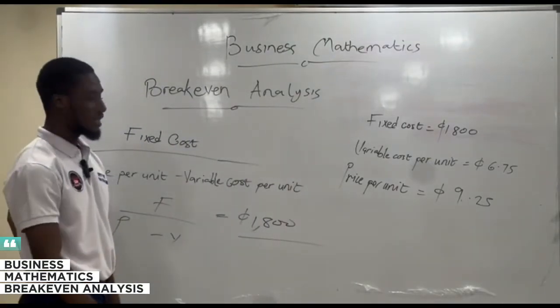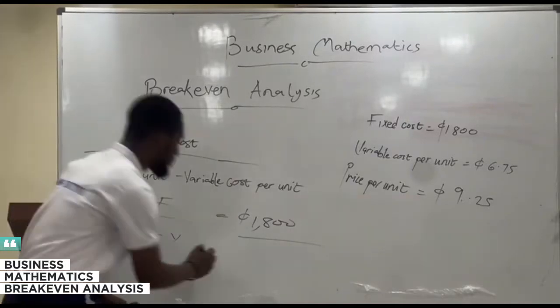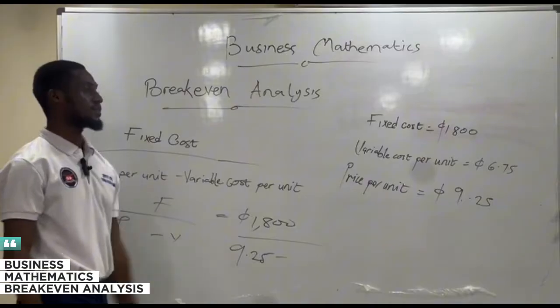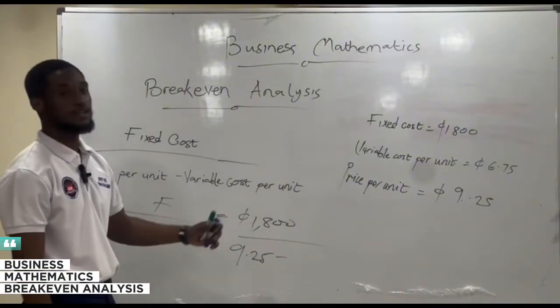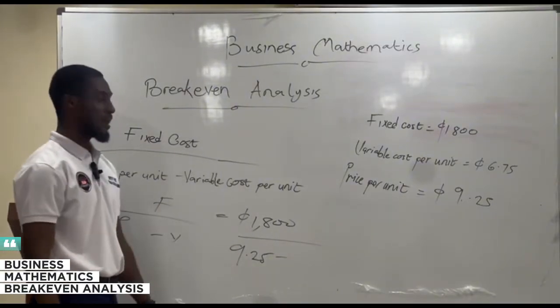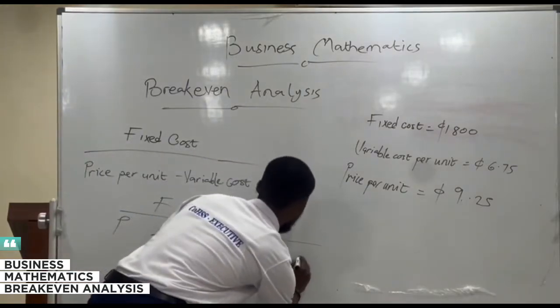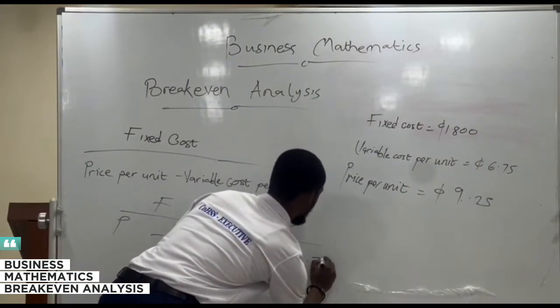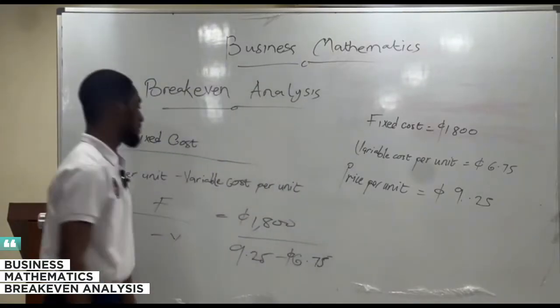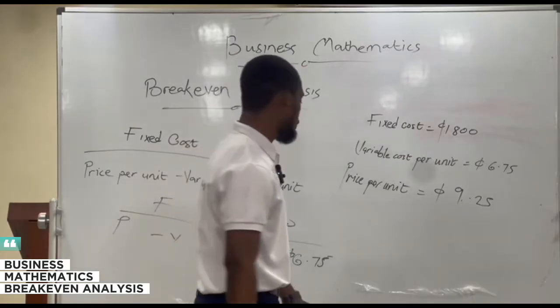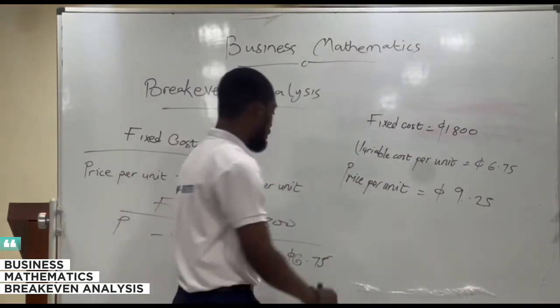We have our price per unit to be 9.25, and we subtract that of our variable cost per unit, 6.75 cedis. So now we get 720 powders.